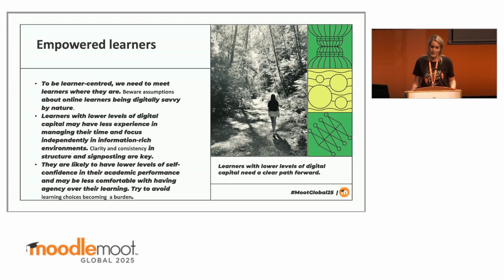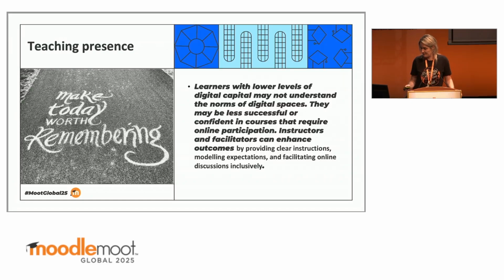But that can be overwhelming for someone who has not got high levels of digital capital. And so we need to try and avoid learning choices becoming a burden for them. Essentially, learners with lower levels of digital capital need a clear path forward. That doesn't mean there can't be choices, but thinking about clarity, consistency, and providing that path can give them a route to learning that maybe other learners don't need.